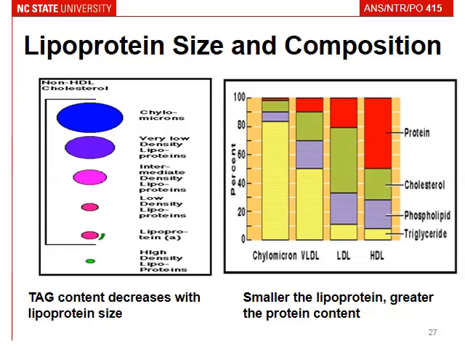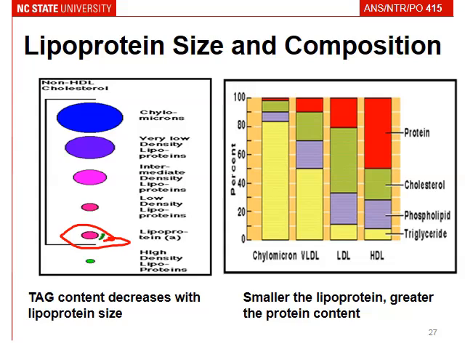And then we have our low density lipoproteins, and lipoprotein A here, which would be our oxidized one. That's what that's indicating. And then our high density lipoproteins are the smallest.